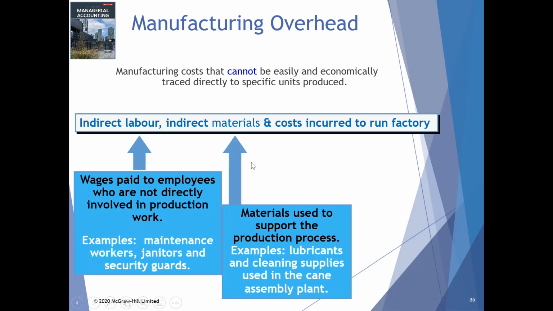Then this is the labor and this is the material. Indirect material, for example, is material used to support the production process. That is the lubricants that are used to run the machine, and the cleaning supplies used in car assembly plants.